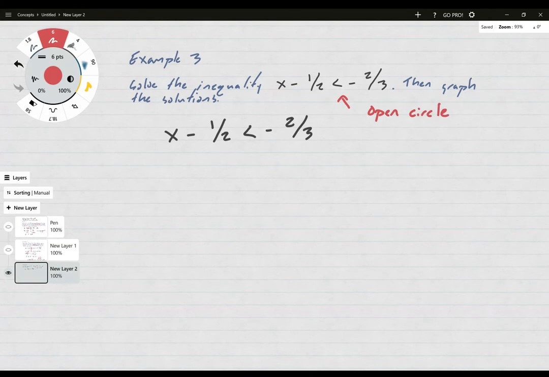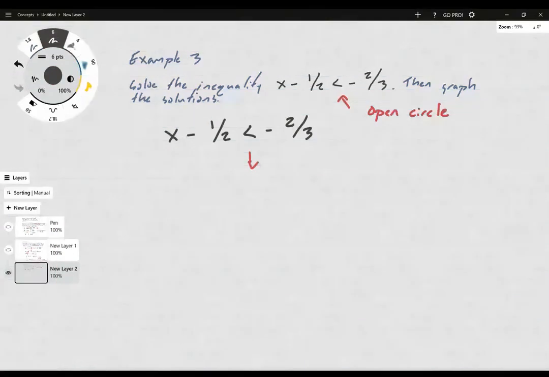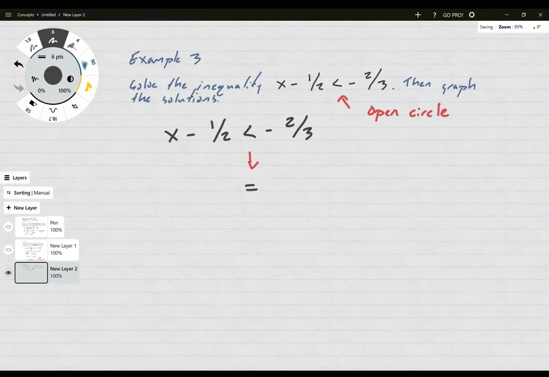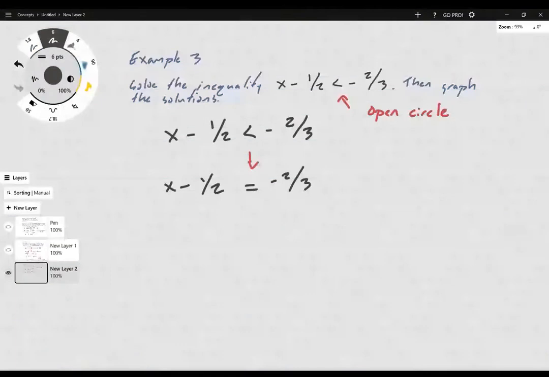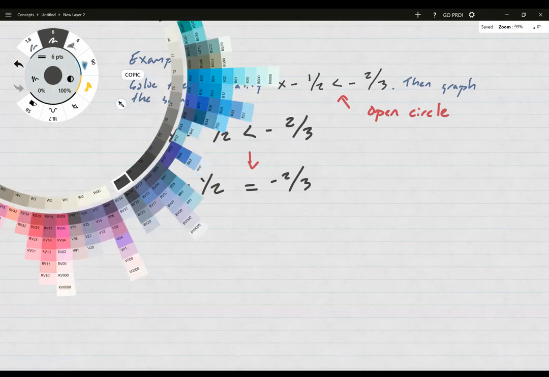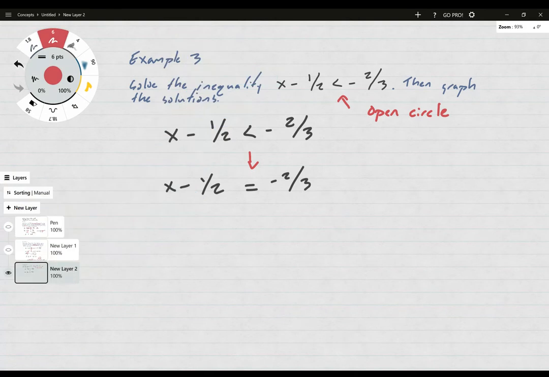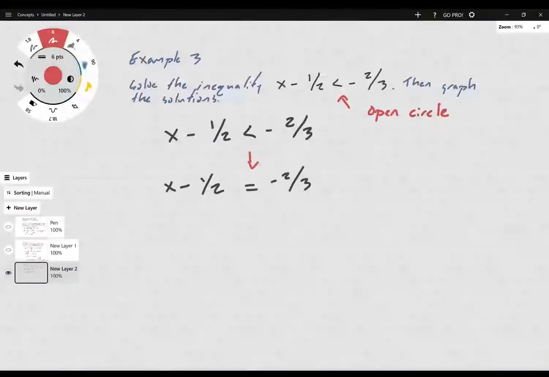So let's solve this. First things first, we need to change my inequality to an equation. So just make my inequality sign an equal sign. Rewrite: x subtract 1/2 equals -2/3. We notice that our fractions do not have the same denominator, so I need to make them the same denominator.